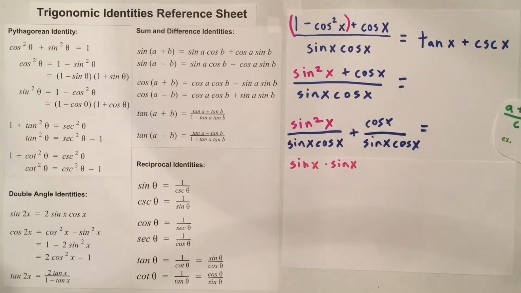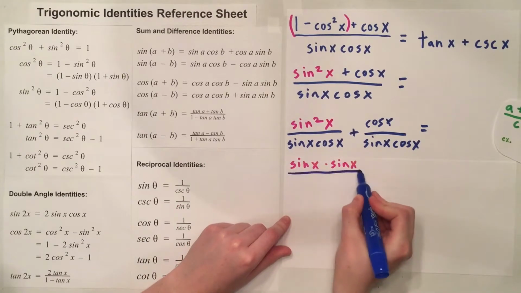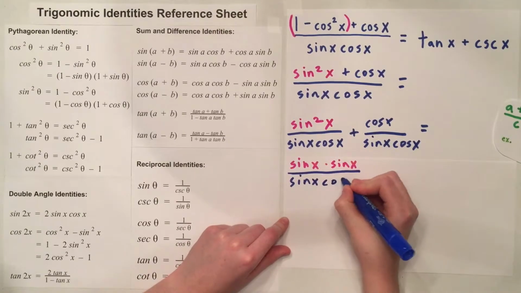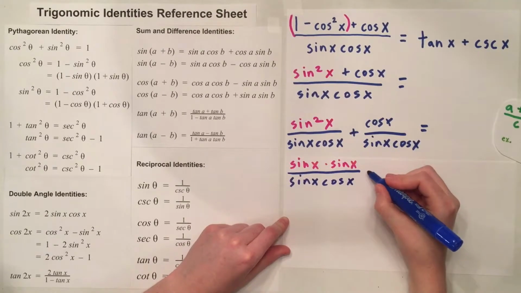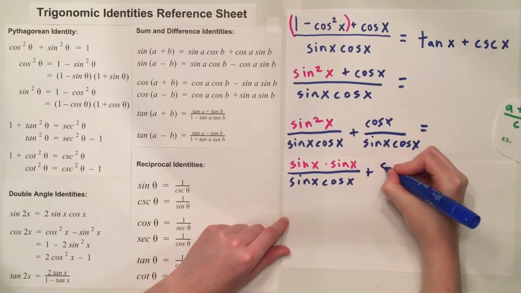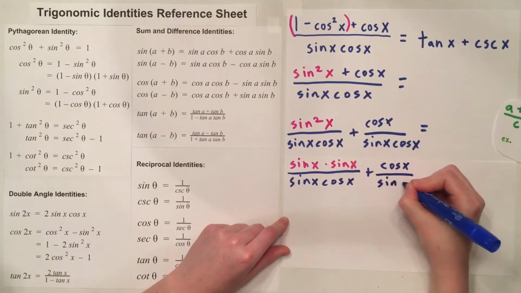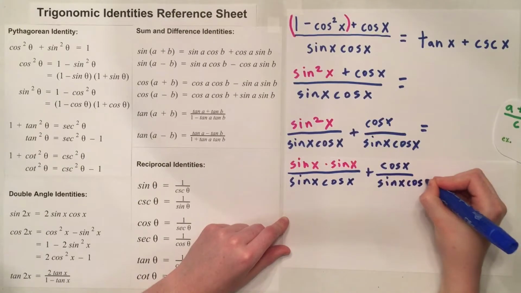And now I'll bring down the rest of the problem. So that will be over sine x cosine x like it was before. And then we can leave this part the same, so cosine x over sine x cosine x.